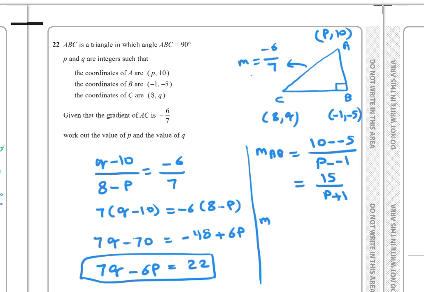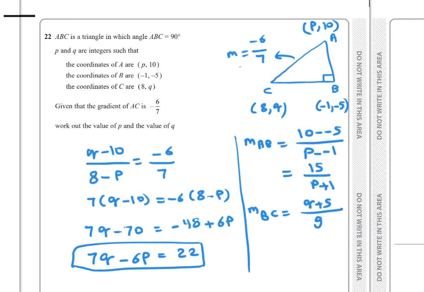The gradient of BC equals y minus y, so Q minus -5, which is Q plus 5, over 8 minus -1, which is 8 plus 1, which is 9. So this is the gradient of BC. Because they are perpendicular, the gradient of AB is the negative reciprocal of the gradient of BC.